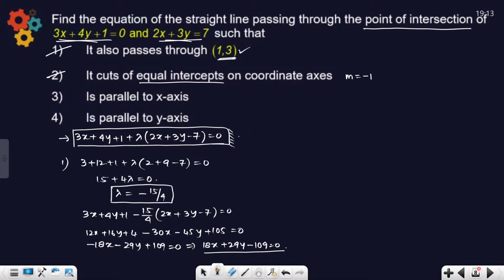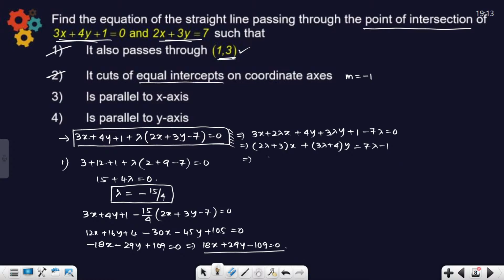Let me just write this family of lines in a proper way. 4y plus 3 lambda y plus 1 minus 7 lambda equals to 0. So from here we are getting 2 lambda plus 3 x plus 3 lambda plus 4 y is 7 lambda minus 1.